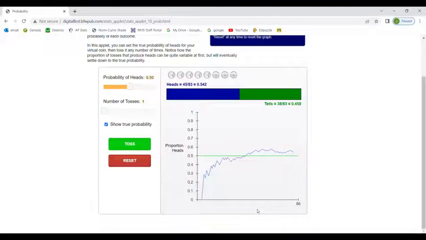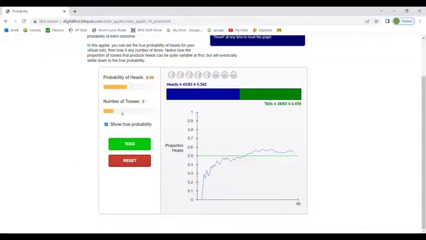So probability is a long-term event. When we say the probability of getting a heads is 50%, that means we would expect 50% of the tosses to turn out to be heads, but that's in the long term. We already saw the first 6 tosses were tails. So in the short term, no, but in the long term, yes, we expect that to happen.